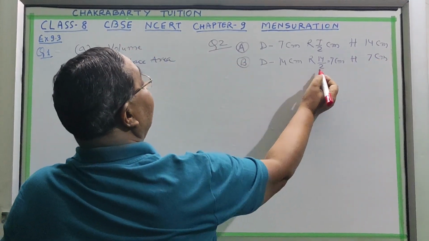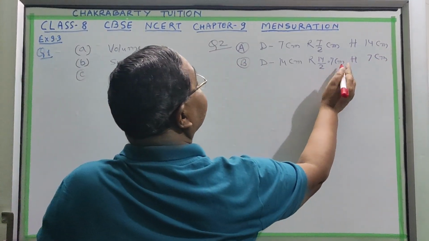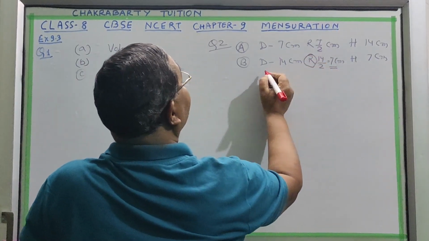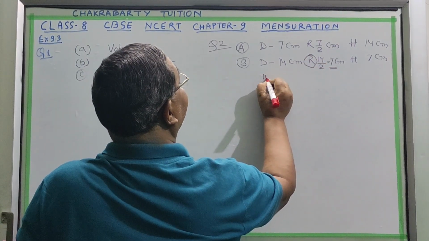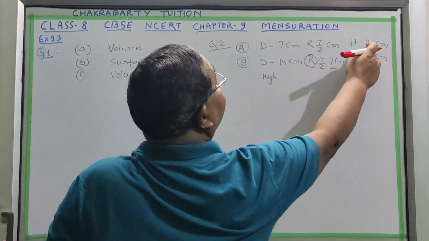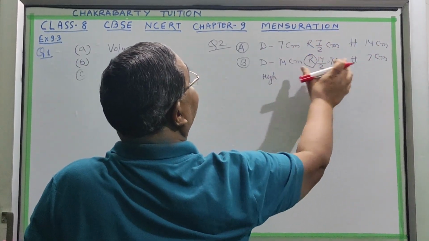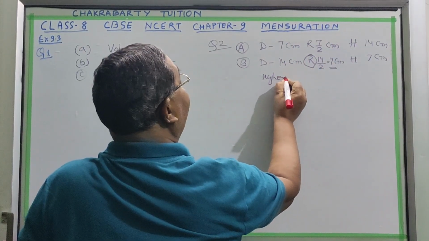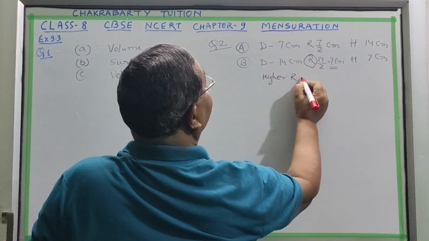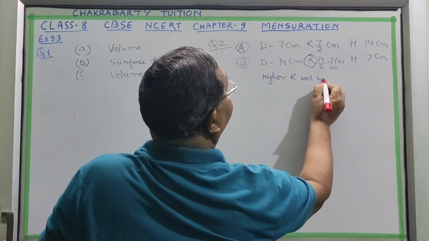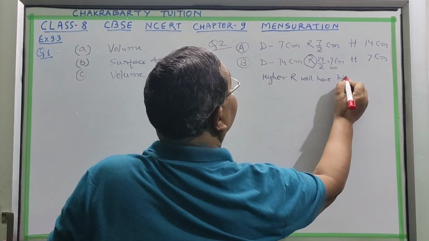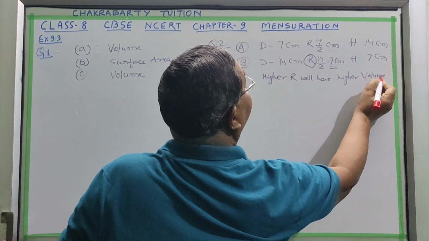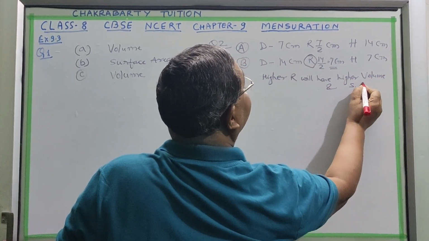Here you see this B has the higher radius. If other things are the same, meaning we are only interchanging the figures, then the higher radius will have higher volume and surface area.